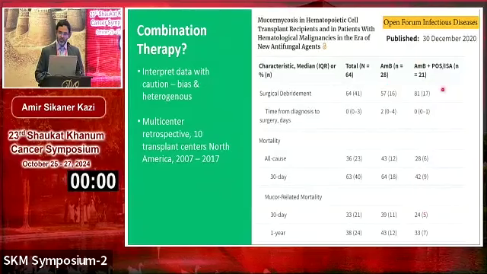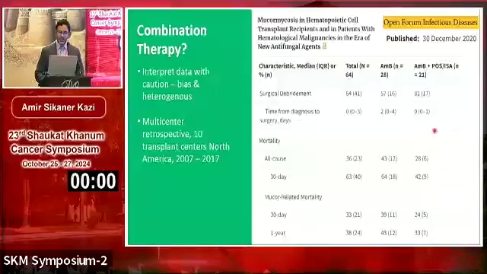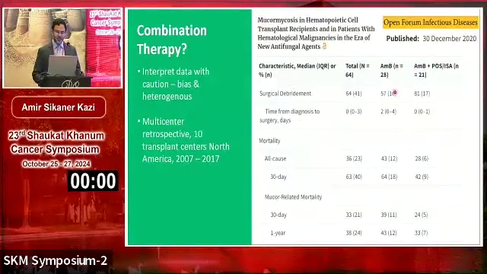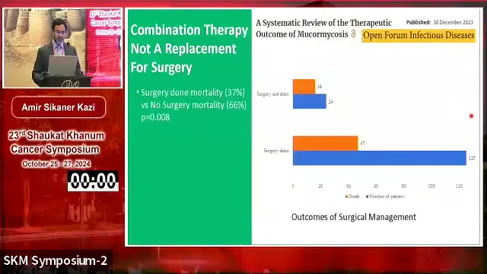But if you look at their surgical debridement data, that difference in mortality can easily be made up by the difference in surgical approach. Their patients who got combination therapy also got more surgical debridement and earlier surgical debridement. So this was one of the critiques of the study, and that's why we have to interpret data with caution.